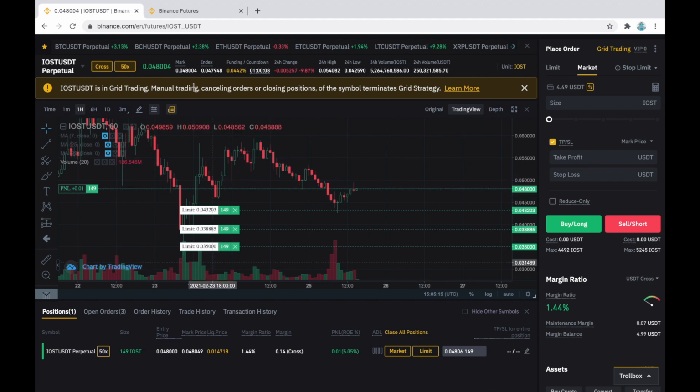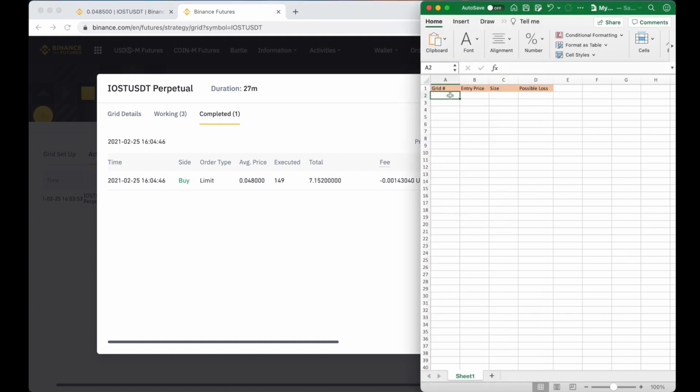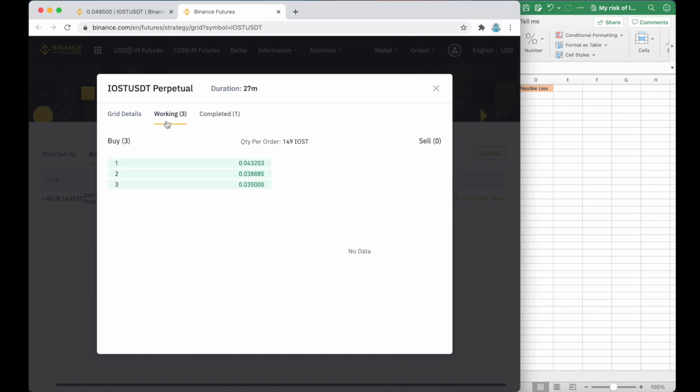So let me calculate the worst case scenario, and find out how much maintenance margin balance I should have for this particular grid strategy, in order for me to completely remove the risk of liquidation. As in my previous video, I calculate the possible loss for each grid in each position.